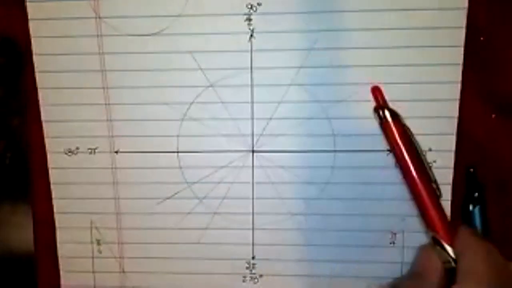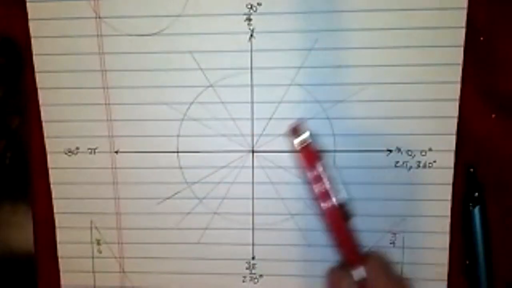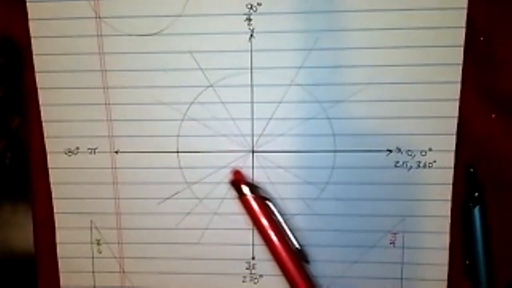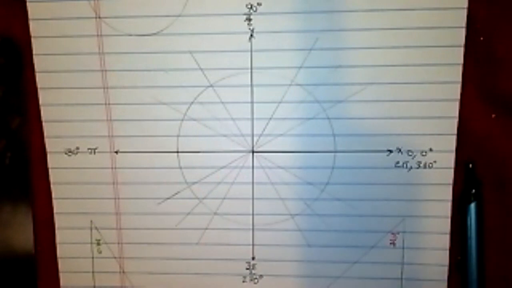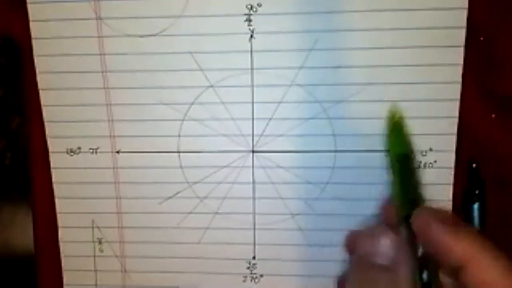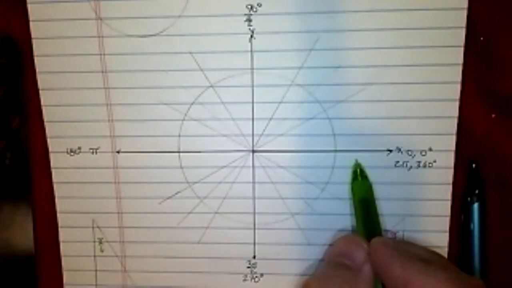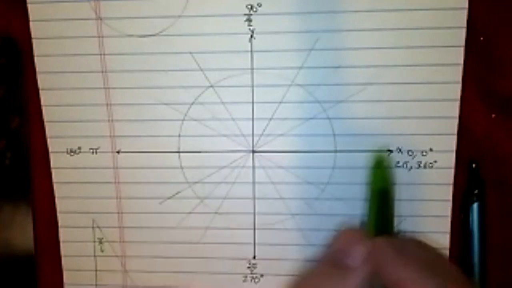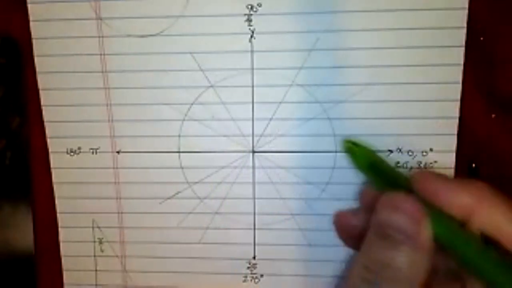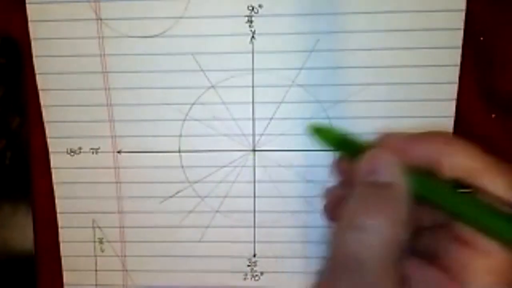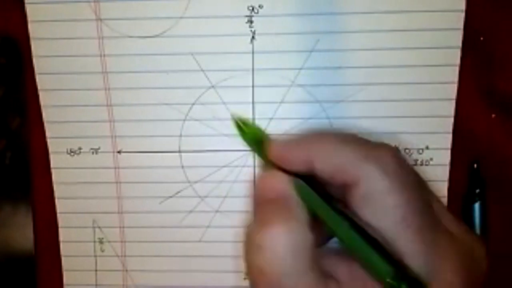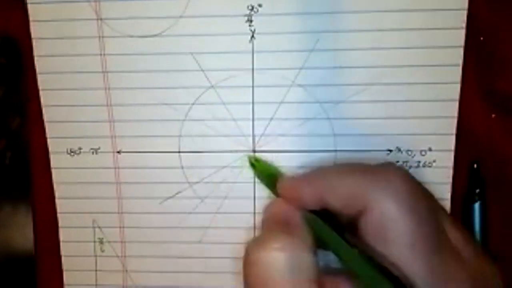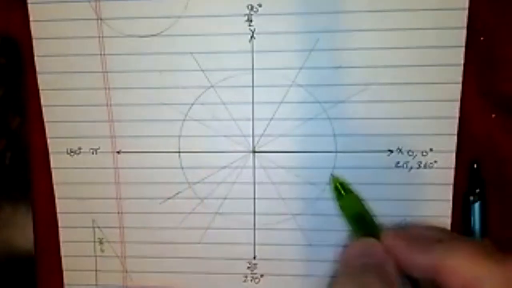Now I'm going to do all the other special angles. If you'll notice, these darker lines that I've drawn, I've left the center ones intentionally a little bit lighter. These darker lines, notice you can slice up this angle from 0 to pi into 1 slice, 2 slices, 3 slices, 4 slices, 5 slices, 6 slices.